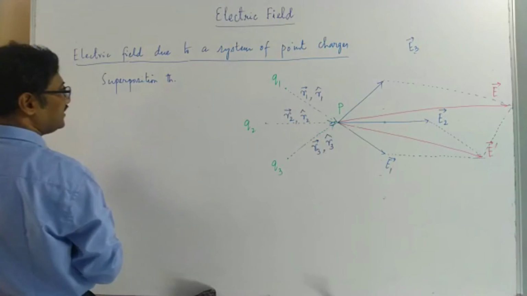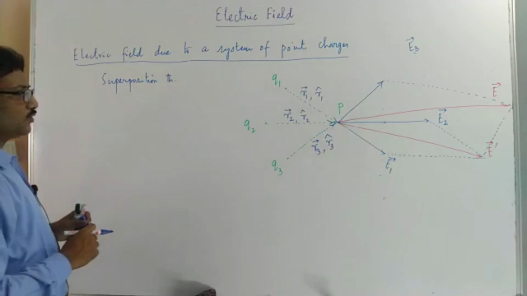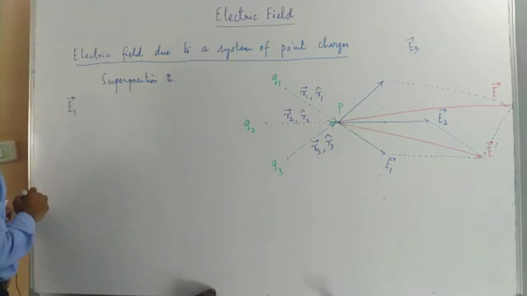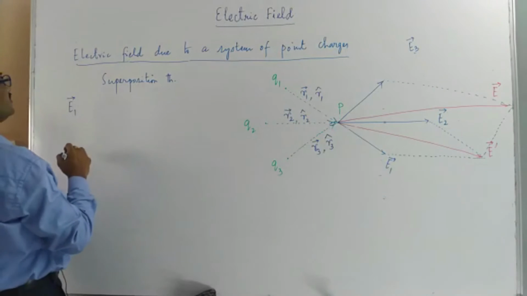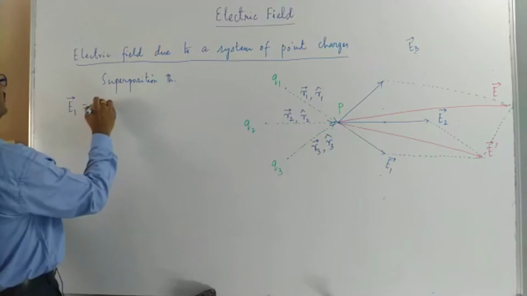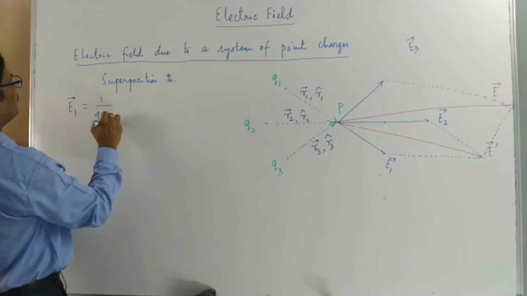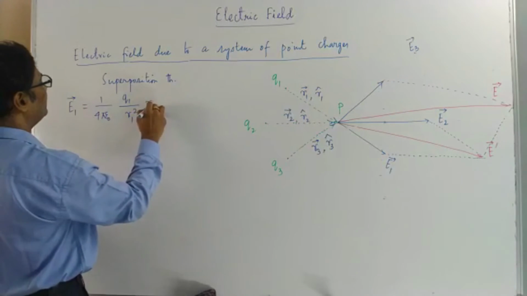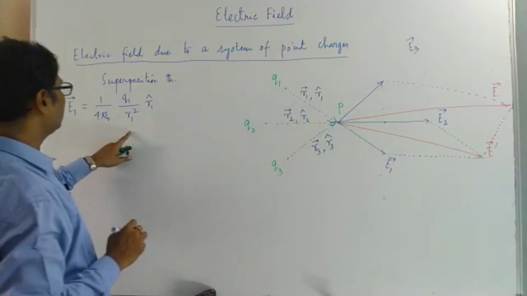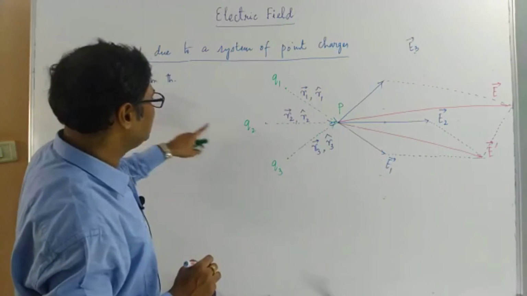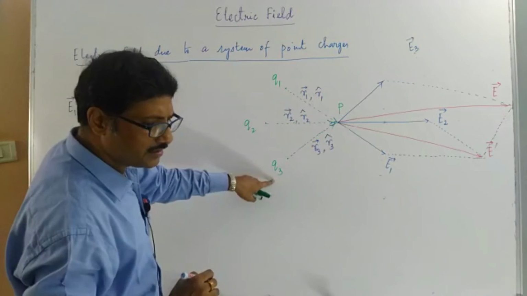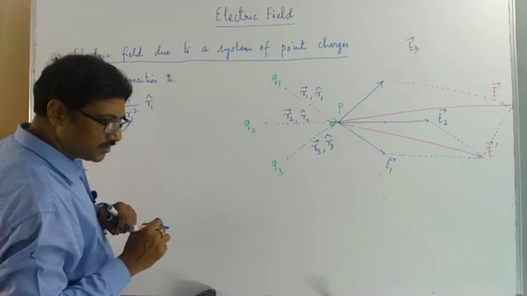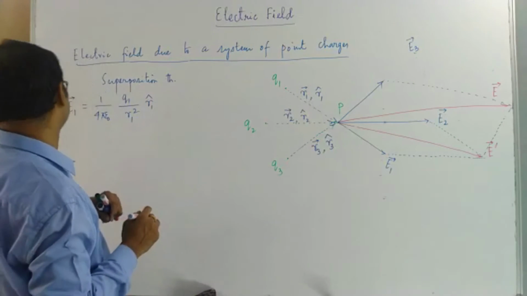So we can write the electric field at point P due to Q1, E1, is equal to 1 by 4 pi epsilon 0 Q1 by R1 square into R1 cap. When I am calculating this electric field E1, the effect of Q2 and Q3 is neglected, as I have discussed before in the superposition theorem of electric forces.